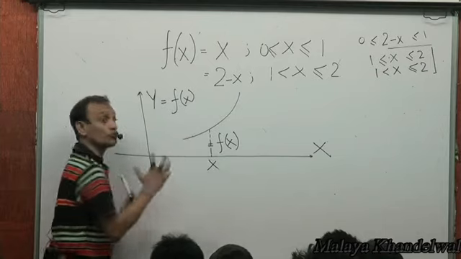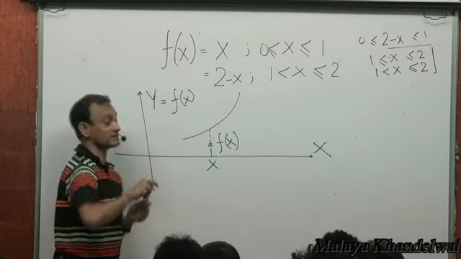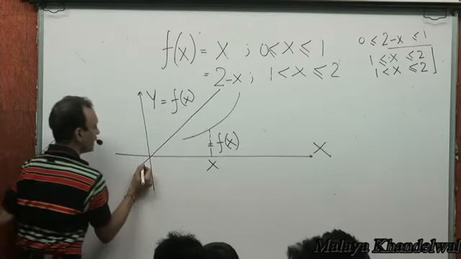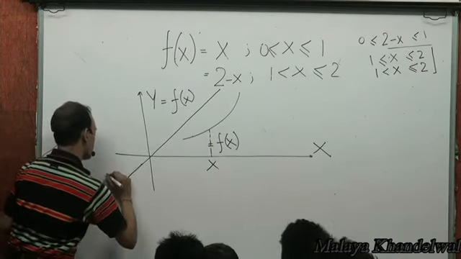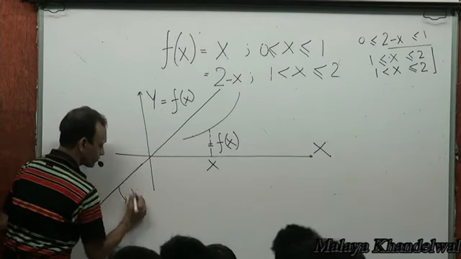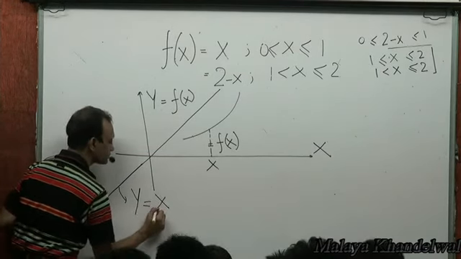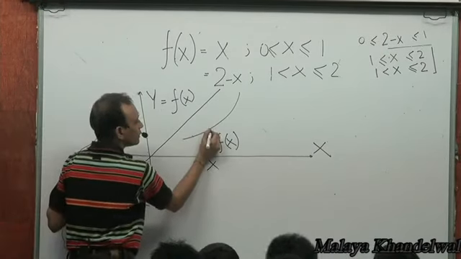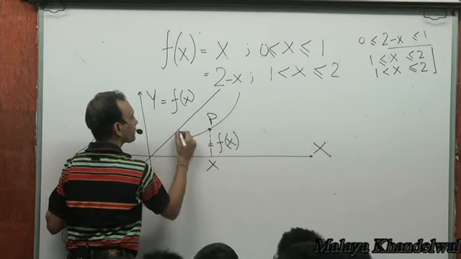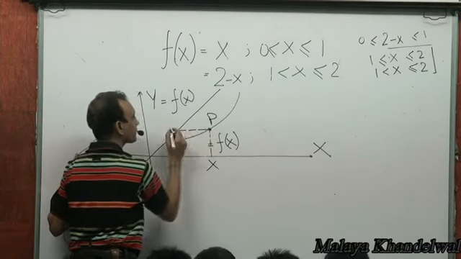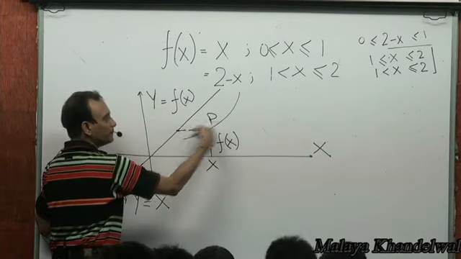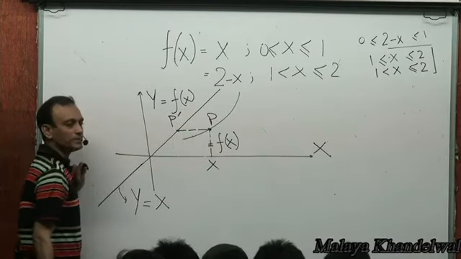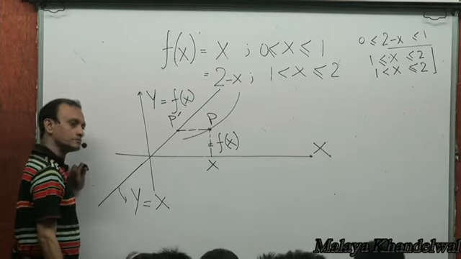What I do is, in order to geometrically find f of x, take this line y equal to x. This is a line y equal to x. Alright. This is the point P. Draw a line parallel to the x-axis to intersect y equal to x at P prime. Right?